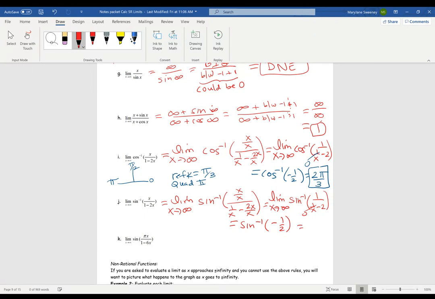Now, inverse sine is different. For inverse sine, we look from negative pi over 2 to positive pi over 2. If inverse sine is negative, the reference angle is pi over 6, but I'm in quadrant 4. Sine is negative in quadrant 4 and positive in quadrant 1. So in quadrant 4, this is negative pi over 6.